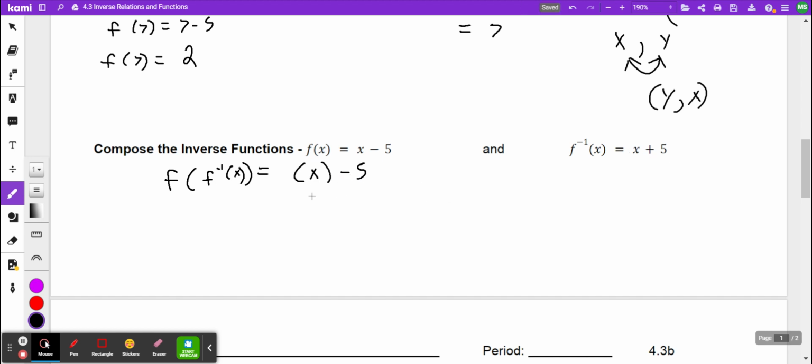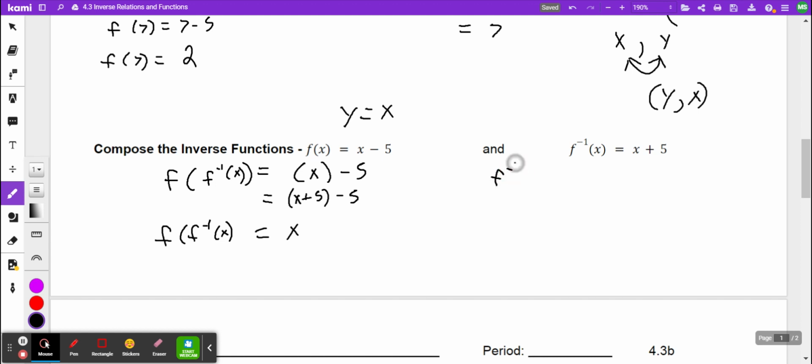Well, the something we're going to put in is x plus 5. And now we have this minus 5 right here, and that's x. So this composition, f of the inverse of x, we get x. And this is our identity equation right there. Well, let's test the other one.